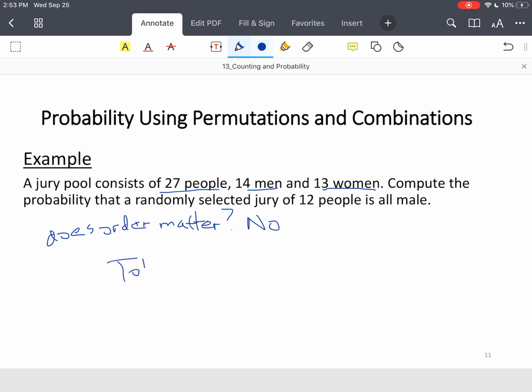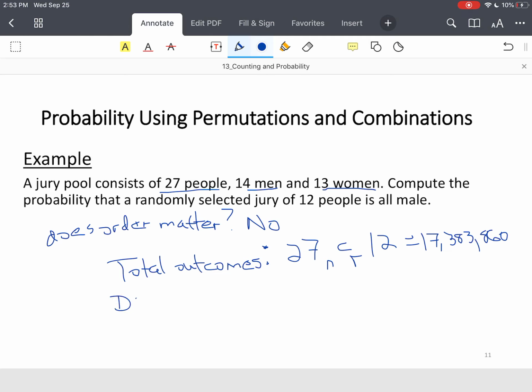Then you find your total outcomes. You have 27 people, we're going to do nCr, and we need 12 of those people for our jury, which gives us 17,383,860 potential juror combinations.